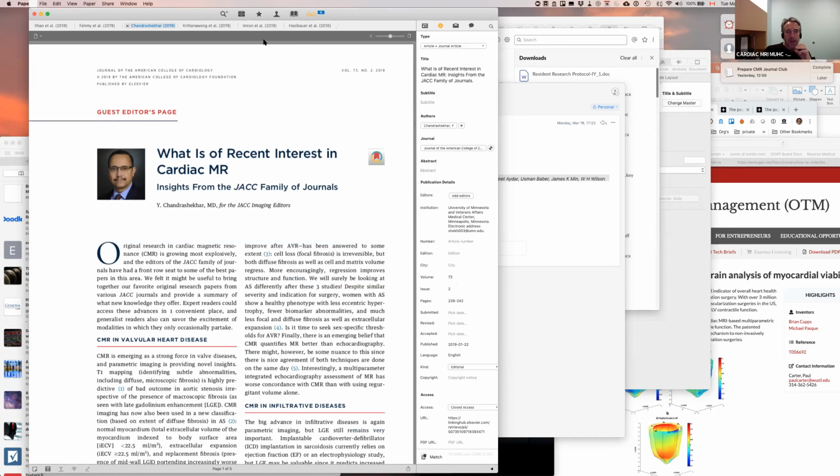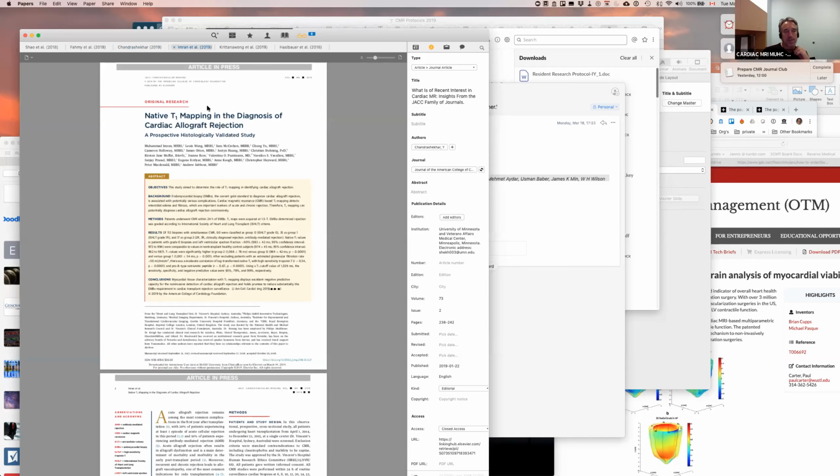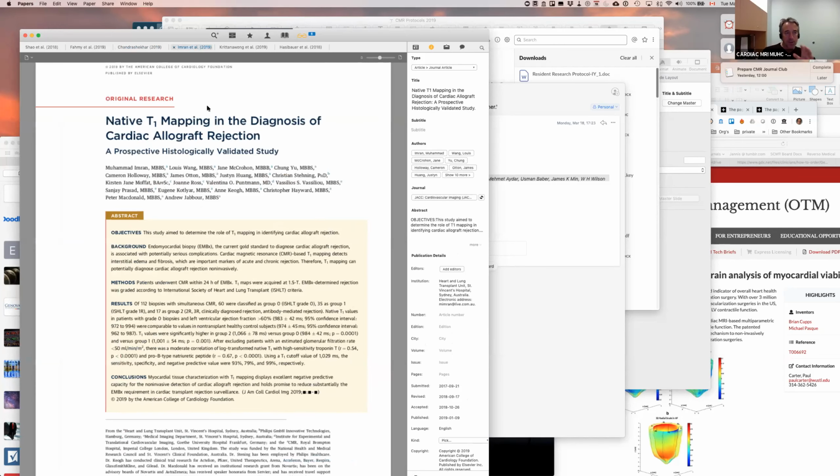And for next week, I want to already show two papers we will discuss there. They are also related to mapping. One will be from a multi-center study, looking at the role of T1 mapping in the diagnosis of heart transplants. That's very important. Mapping, or tissue characterization, has been done since a long time.